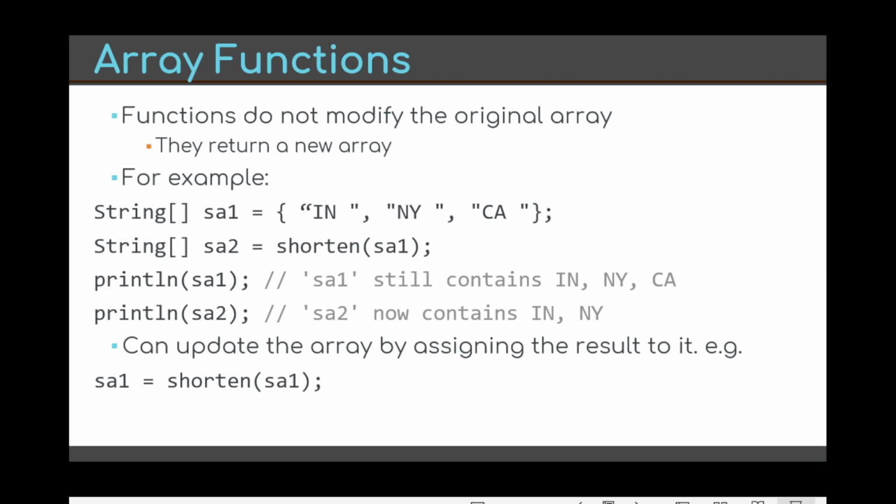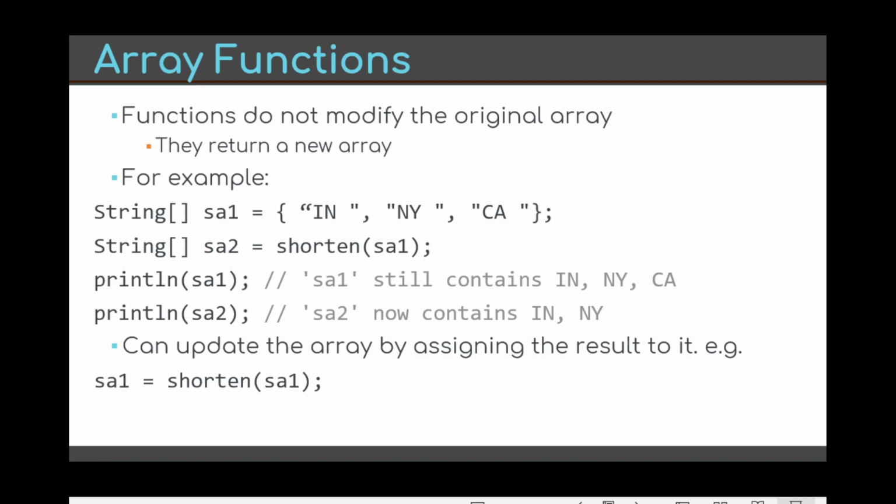Yeah, so let's review. The name SA1, that's just a label, right? It says, okay, my array is at this location in the warehouse, right? And so SA1 has the first example here, the Indiana, New York, California array, that's a box over here. Now we call shorten, which makes the new array of boxes, just two boxes this time, with Indiana and New York in it.